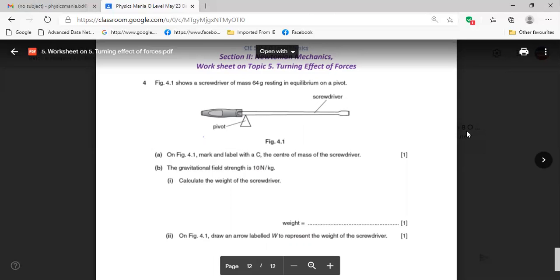So what will be the weight? In kg you are getting 0.064. Then the weight is 0.64 Newton.